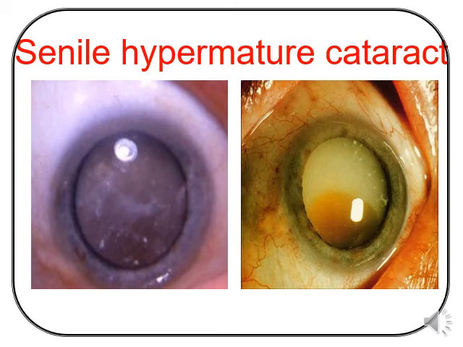Then, with more opacification of the cortical fibers, the lens will pass to the mature stage when all the fibers are opacified. If not treated, it may pass to the hypermature stage.